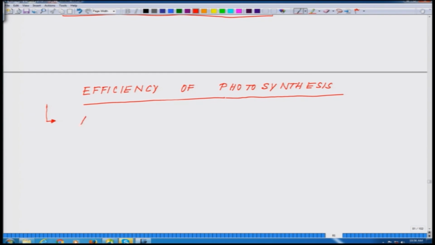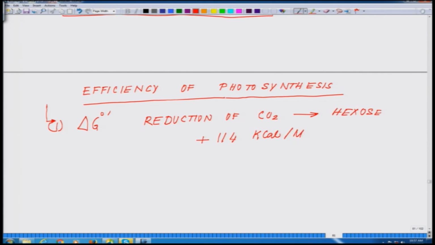So the first thing is the delta G 0 prime for the reduction of CO2 to hexose, which is a 6 carbon sugar, is plus 114 kilocalorie per mole.